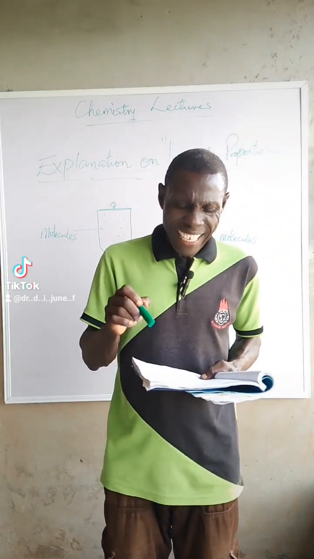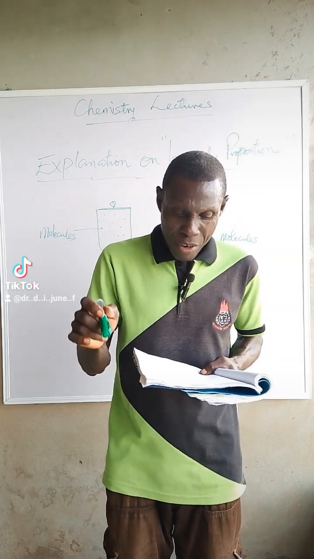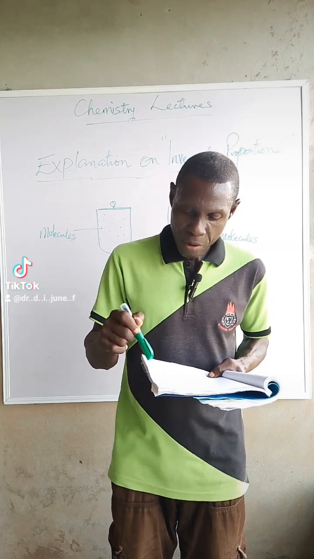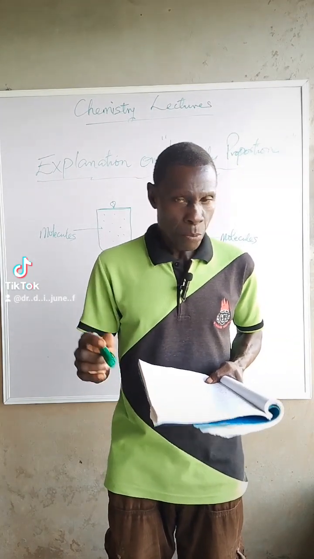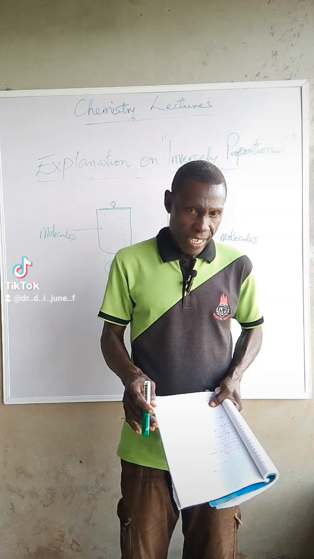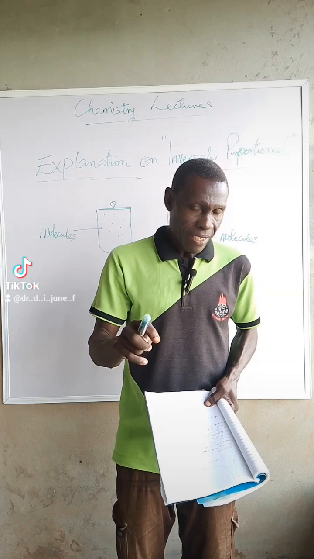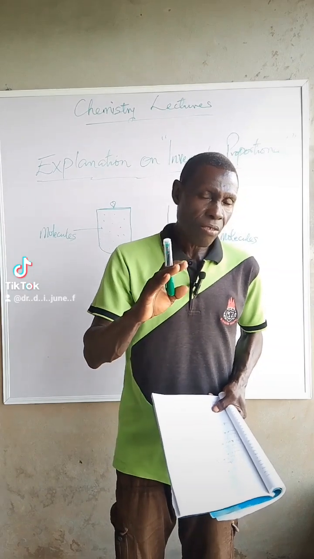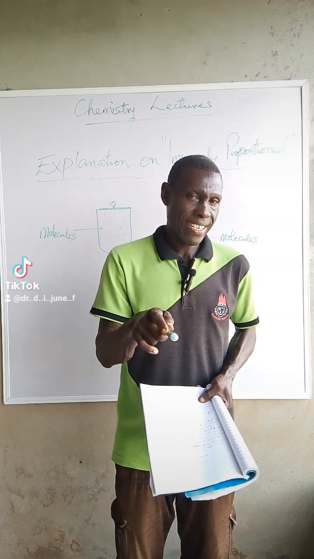So therefore, the larger the number of molecules per unit volume, the larger the number of collisions and the higher the pressure. Now, if you have a container and the molecules in the volume increase, it means that more molecules are there.